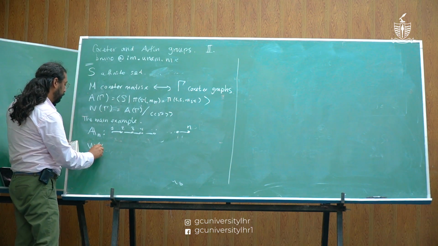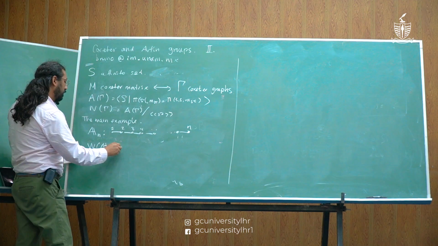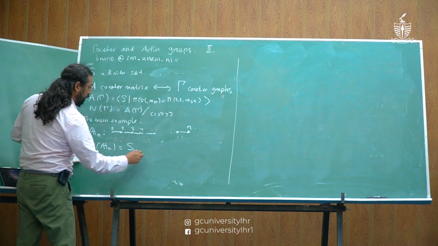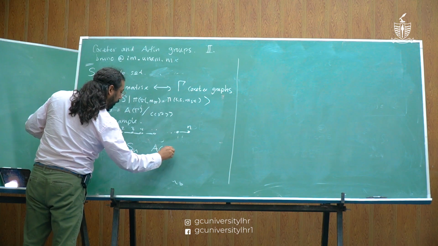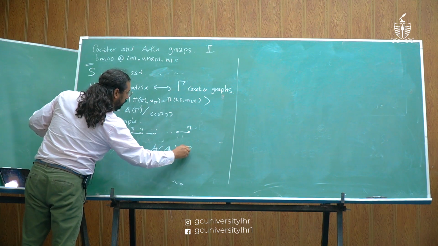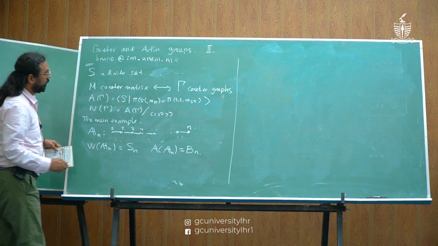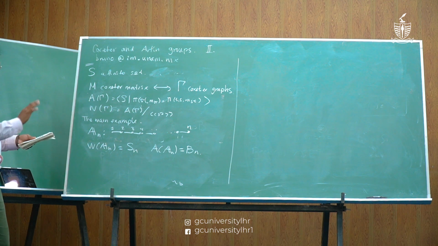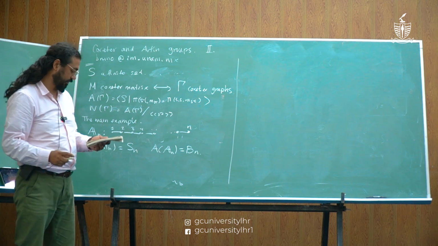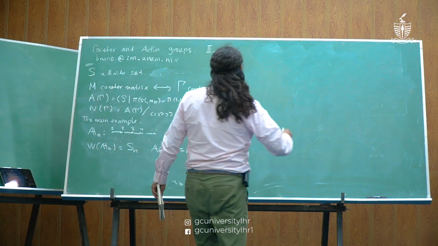The Coxeter group was the symmetric group, and the Artin group was the braid group. Okay? And yes, let's put it like that.